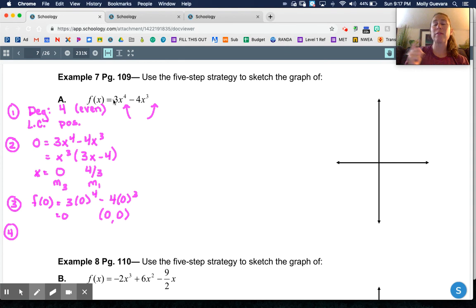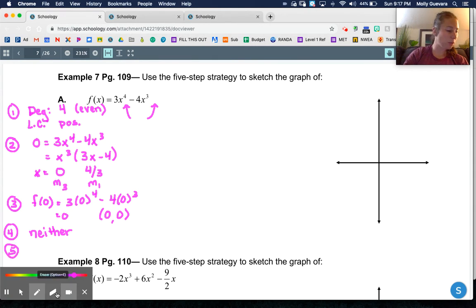And remember, we have to think back to last time, not the degree, but is the function. So here I have an even exponent and then an odd exponent. So since there's a mixture, it's neither. And then the last step is to check the number of turns. So we're going to do that after we graph it, okay?